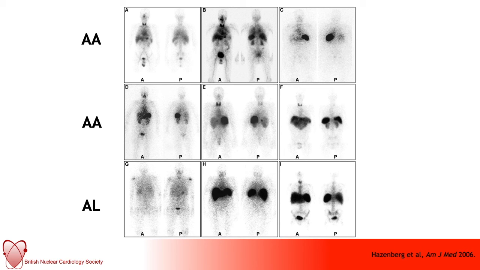And then there are 5 different patterns there of AA amyloid uptake, ranging from kidney only to spleen and kidney to spleen, kidney and liver uptake. And on the bottom row, you can see 3 patterns of AL uptake, with the bottom left showing really only joint involvement, the middle showing spleen and liver, and the bottom right showing spleen, liver, and bone marrow uptake.